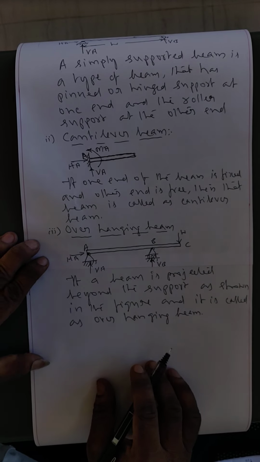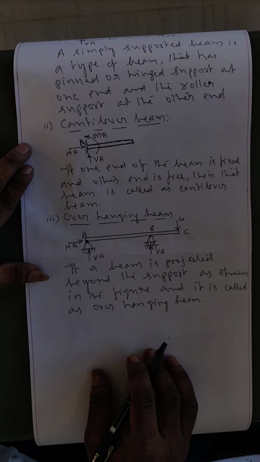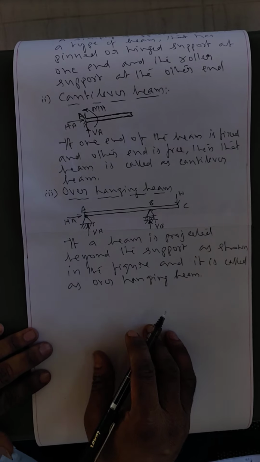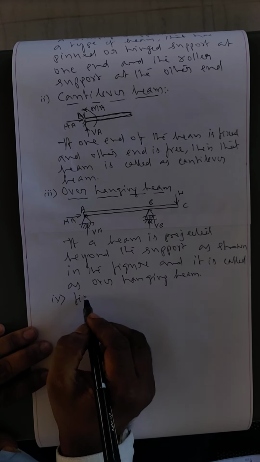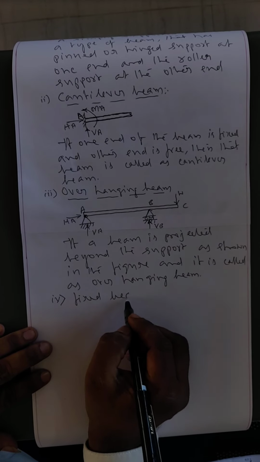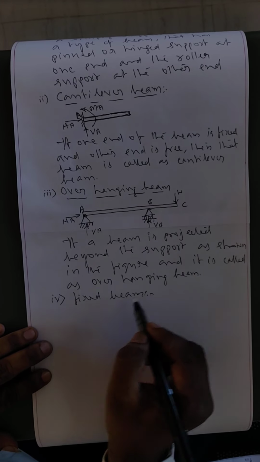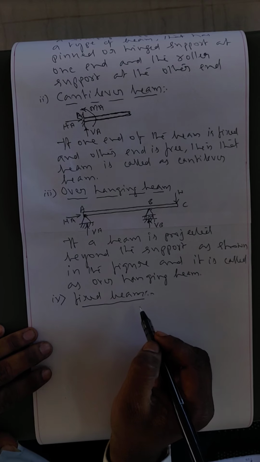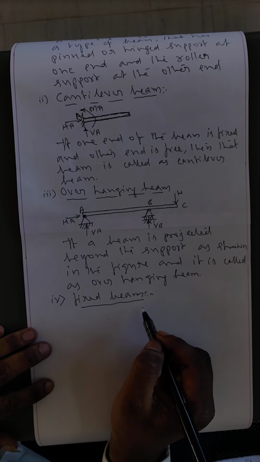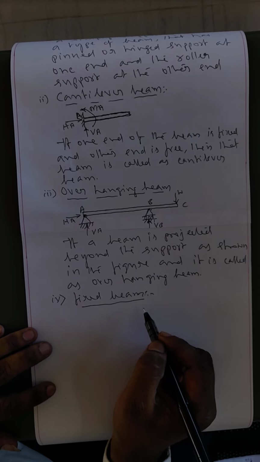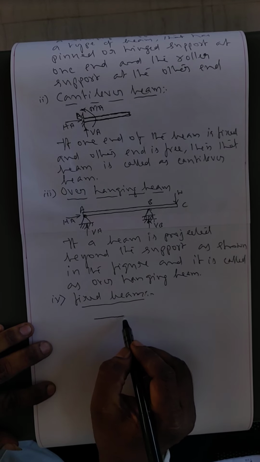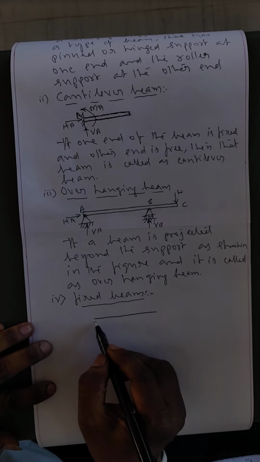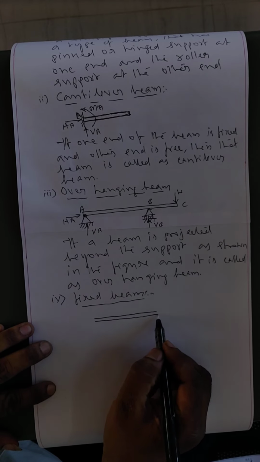Now one more type you will see, it is the fixed beam. What is a fixed beam? Fourth type is the fixed beam. If both ends of the beam are fixed, then such beams are called fixed beams. For example, I will draw a figure now. This is the beam.